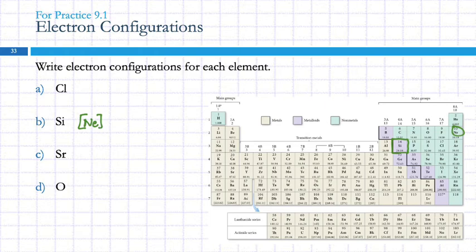And then we're coming over to this row, the 3rd row. So this is 3, the S block, 3s2. And then over here, 3p2. Okay?